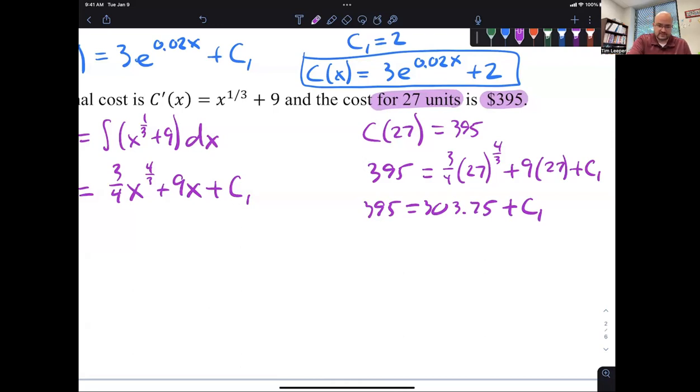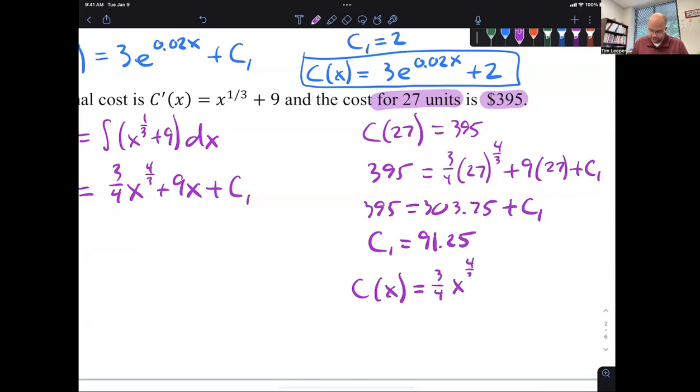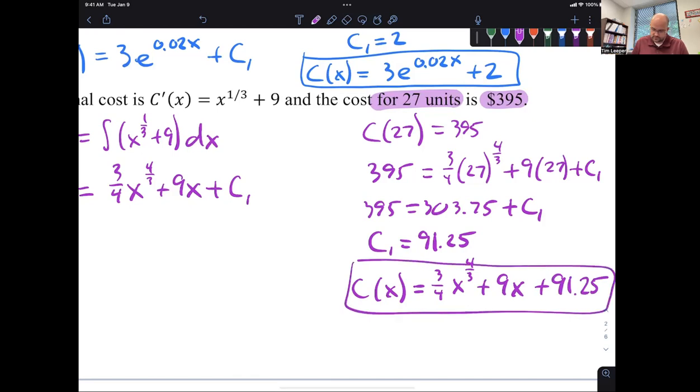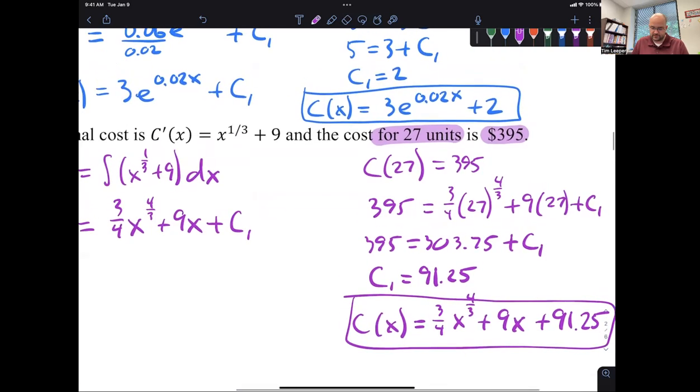What does that give us? 91.25. So c1 equals 91.25. So the overall cost function here is 3/4 x to the 4/3 power plus 9x plus 91.25. And there you go. That is the overall cost function for letter C.